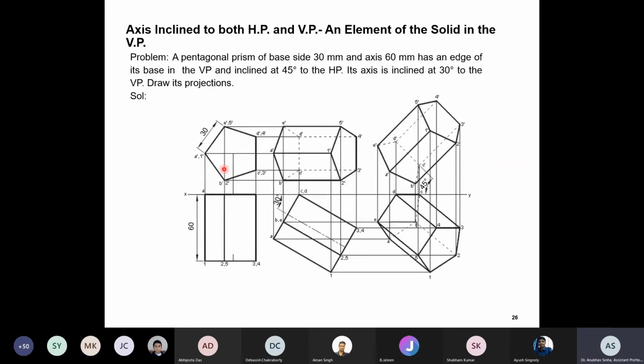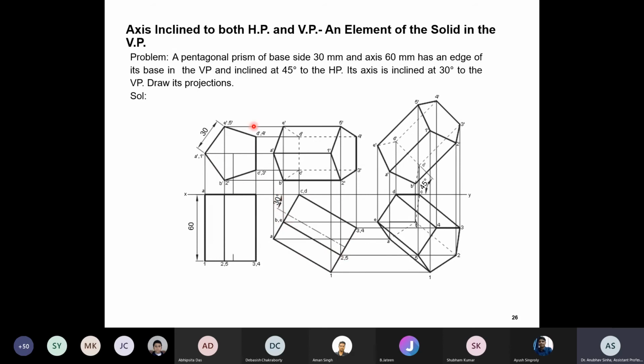Now you know very well how to incline a pentagon or any polygon. That is exactly what we have covered in the last class. So here the difference is that you have to make two polygons. First you make this. Take this front view, lift it from here and make exactly the same size and shape, but inclined at an angle of 30 degree.